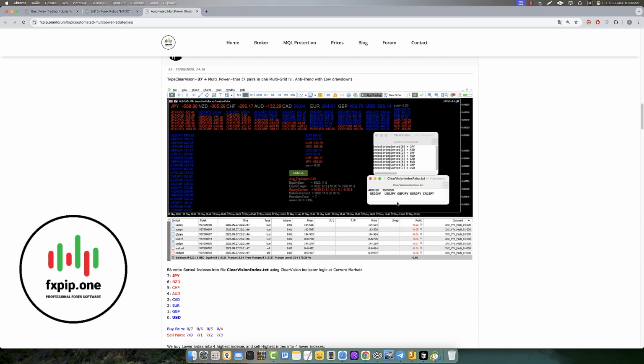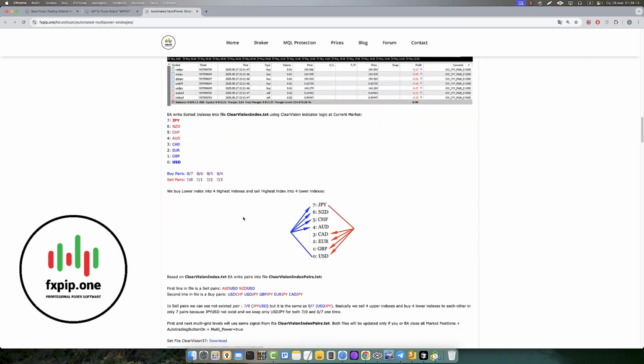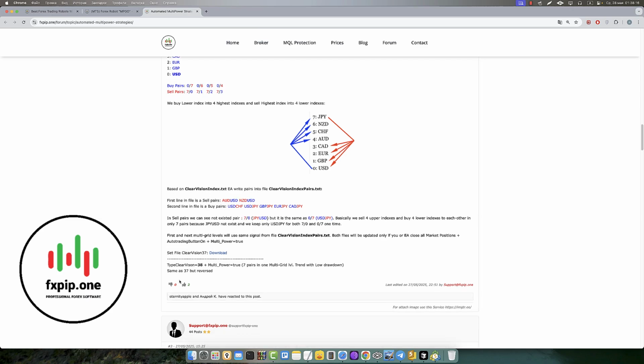I think I test the 38 trend strategy with low drawdown. This one. I test this. So I did 3%, but the current drawdown is not big. All week the current drawdown is not big.